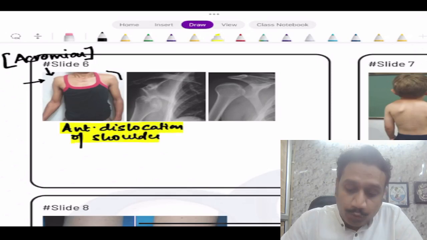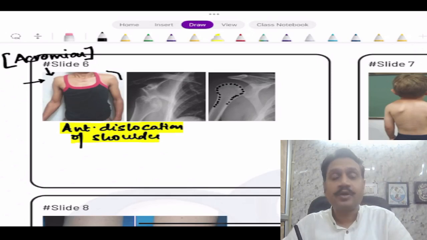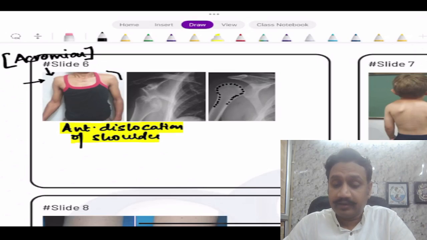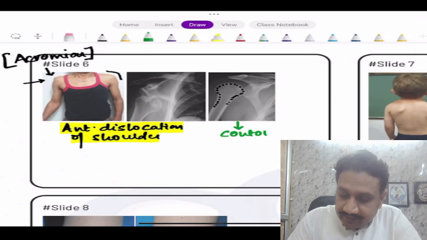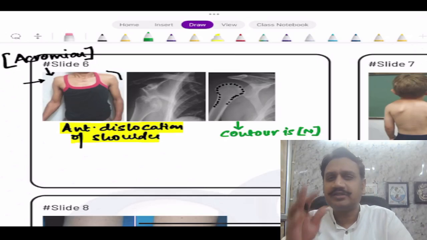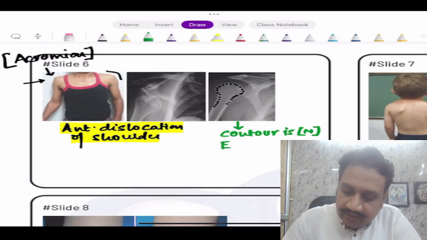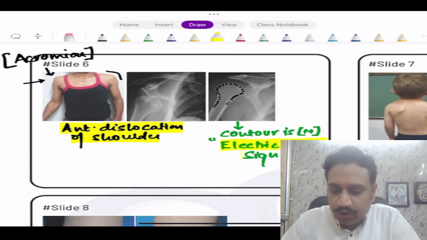On the other hand, when the contour is maintained but the upper end of the humerus gives you a globular appearance like this, where does it happen? Please mind this point: the contour will be normal here. This absolutely round appearance of the humeral head is called the electric bulb sign.